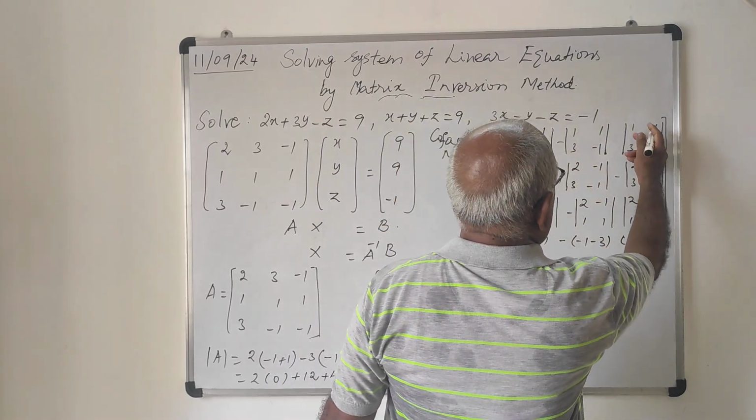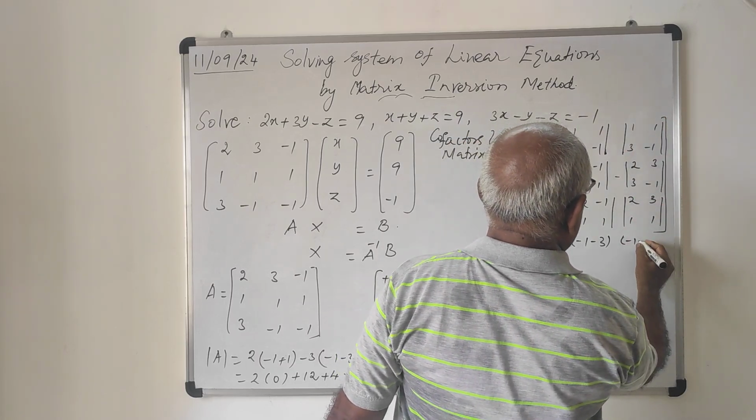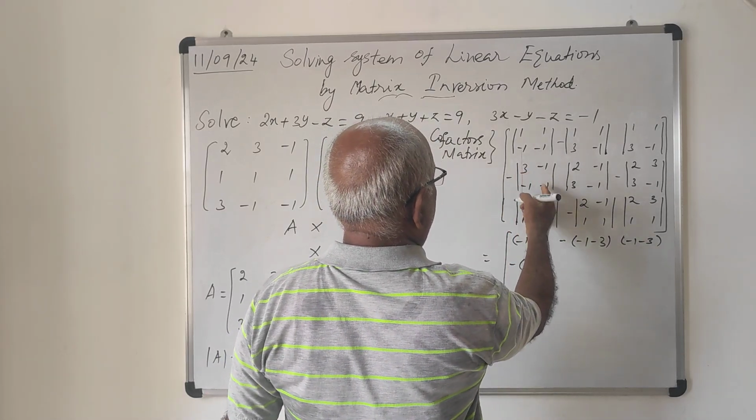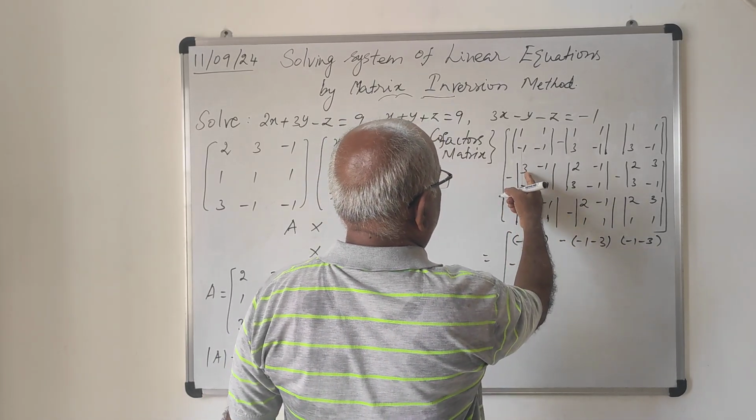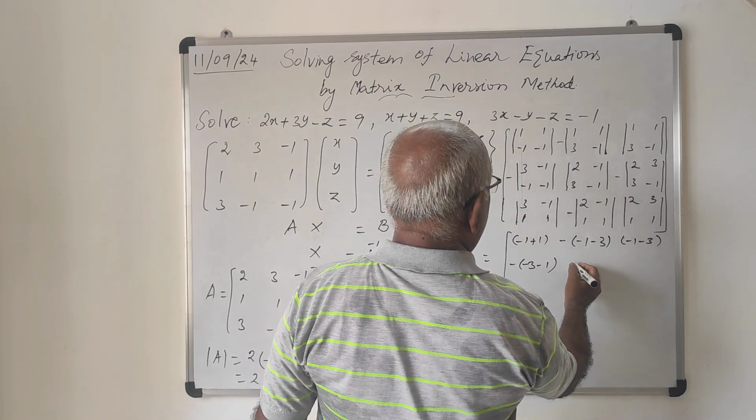Similarly, next cofactor 1 into minus 1 is minus 1 and 3 into 1 is minus 3. This is minus of 3 into minus 1 is minus 3 and minus into minus plus 1, expanding minus minus 1. Next.